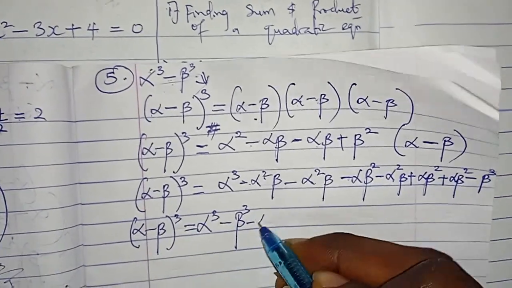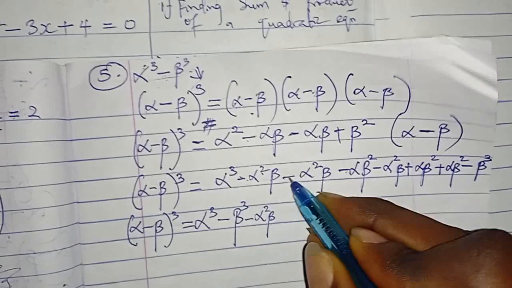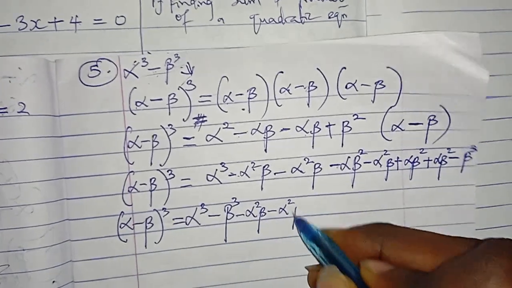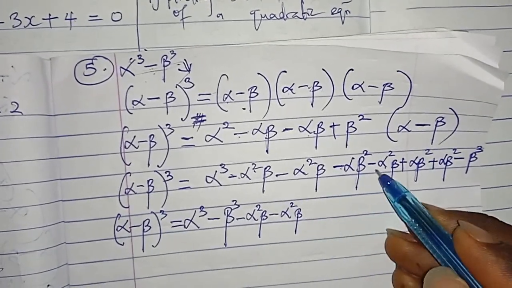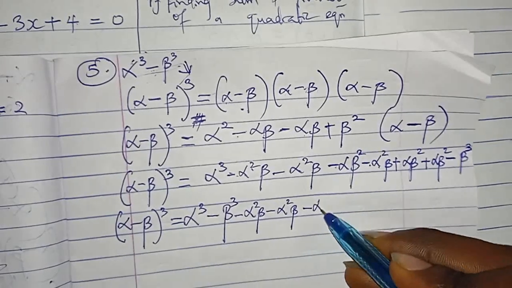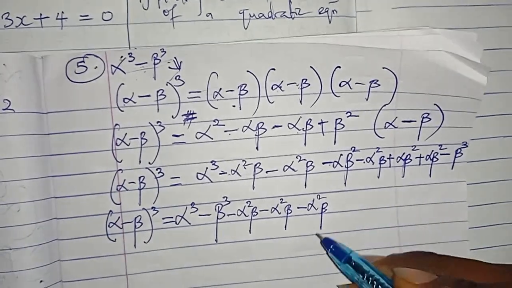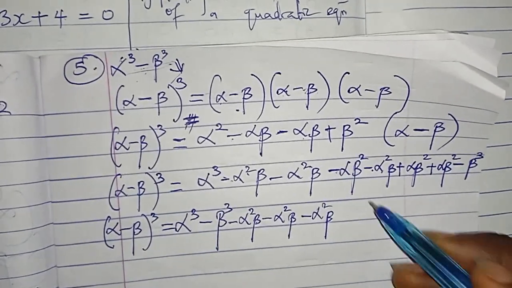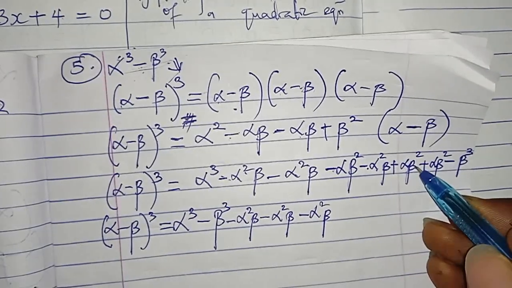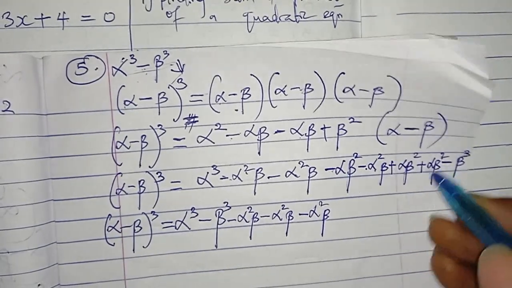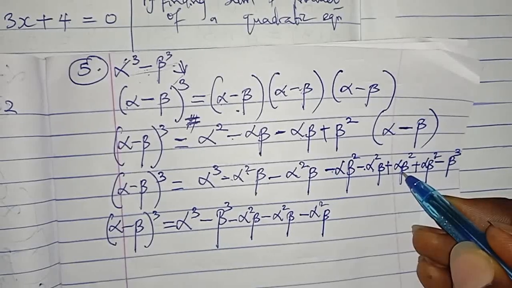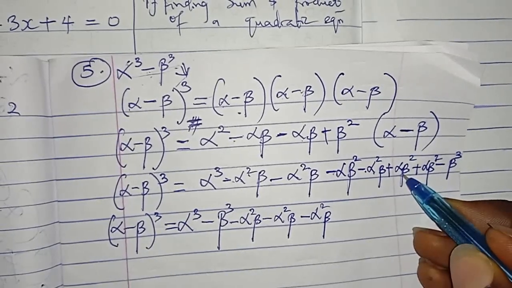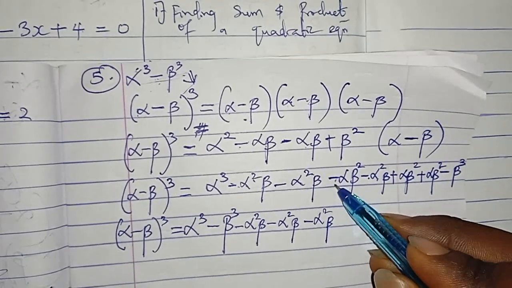I have minus alpha square beta, minus alpha square beta. Which other one? Then minus alpha square beta. Then what about beta square? So I have beta square. Then I have another beta square.